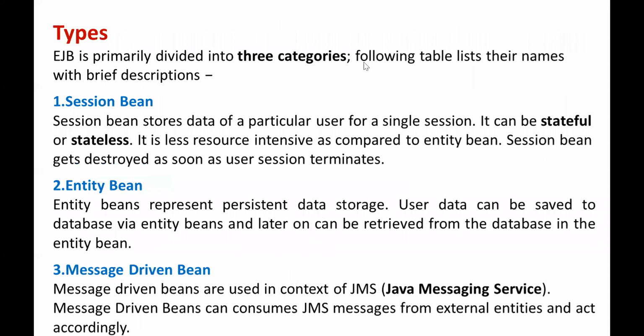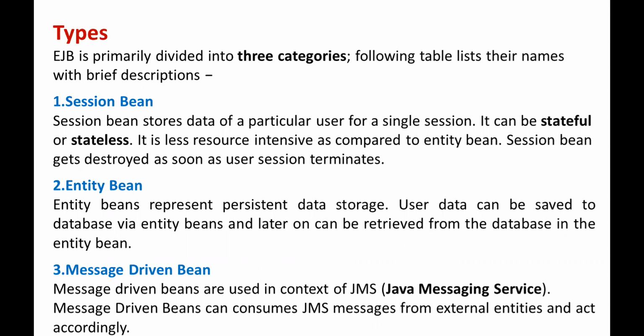Then we can move to the types. EJB can be divided into 3 categories. The first one is the session bean, the second one is the entity bean, and the third one is the message driven bean, which we can also call MDB.